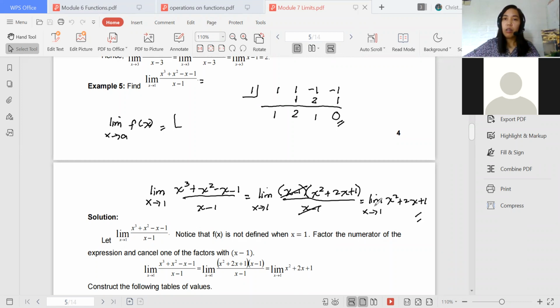Ito ay algebraic function na, it's a quadratic. So 1 plus 2 is 3, plus 1 is 4. Therefore, the limit of x cubed plus x squared minus x minus 1 over x minus 1 as x approaches 1 is 4.